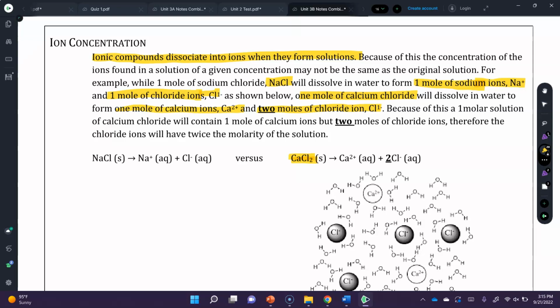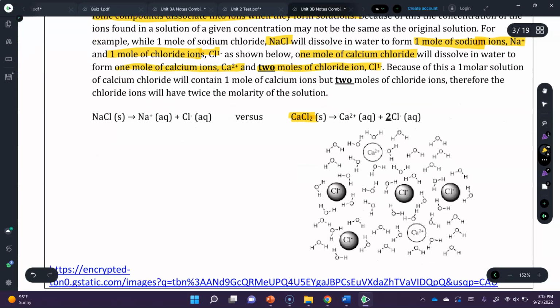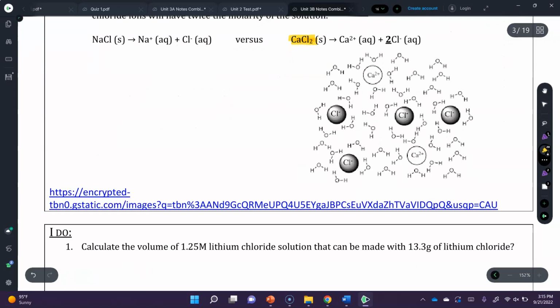Because of this, a 1 molar solution of calcium chloride contains 1 mole of calcium ions but 2 moles of chloride ions. Therefore, the chloride ions are twice as concentrated or have twice the molarity in the solution. So when they dissociate, for every 1 compound I get 1 calcium ion, but I get 2 chlorides.